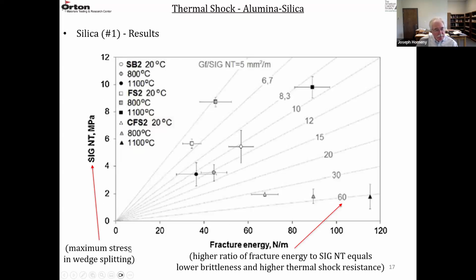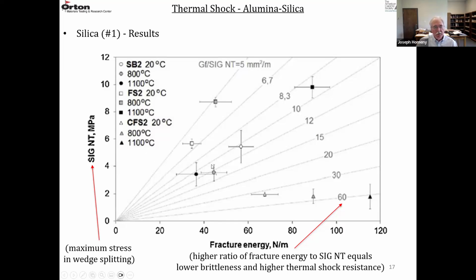So this is the maximum stress in the wedge splitting experiment, and they called it SIGNT, in megapascals from 0 to 12. So the maximum stress in the wedge splitting test versus the work of fracture, the fracture surface energy that was measured. And the crystalline material SB2 at the three temperatures, 20, 800, and 1,000, are these circles.